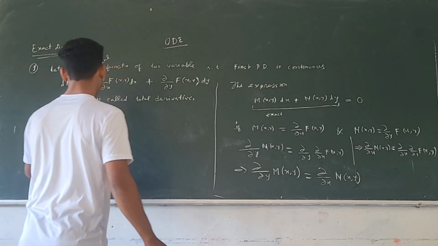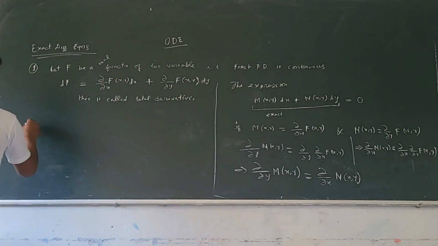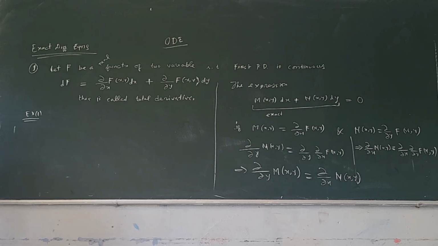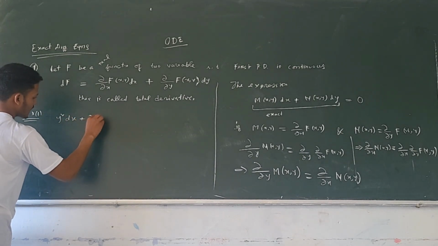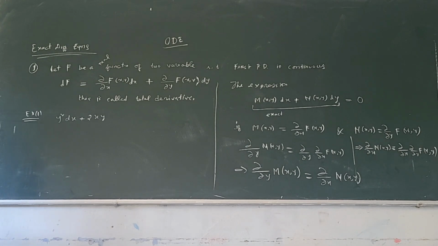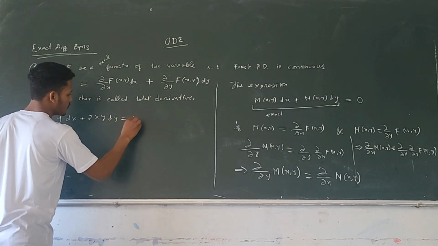Now we will check. We will take an example: y² dx + 2xy dy = 0.